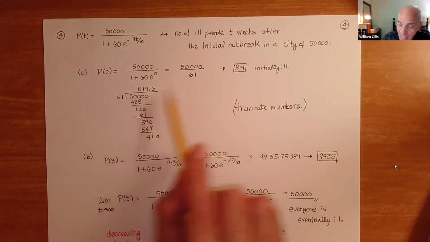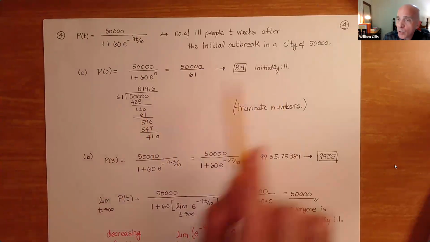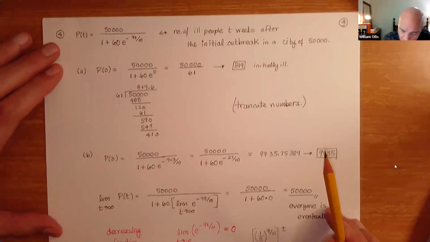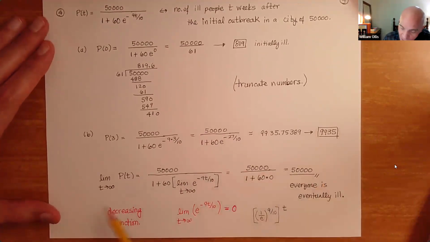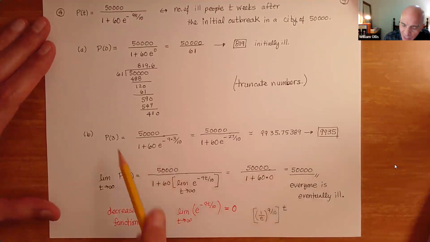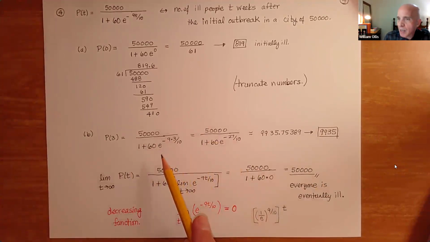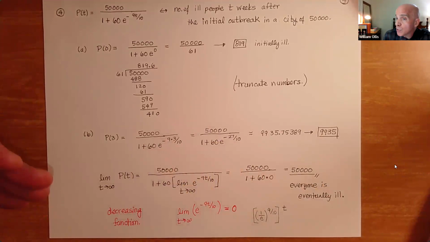So we basically have 819 people who are initially ill. Now, the next question, and I've done a little extra work here. Basically all this is utilizing your understanding of exponential functions to simply know what the predicting model says.